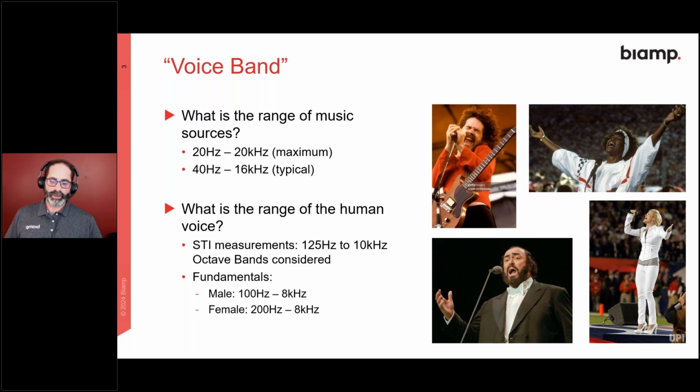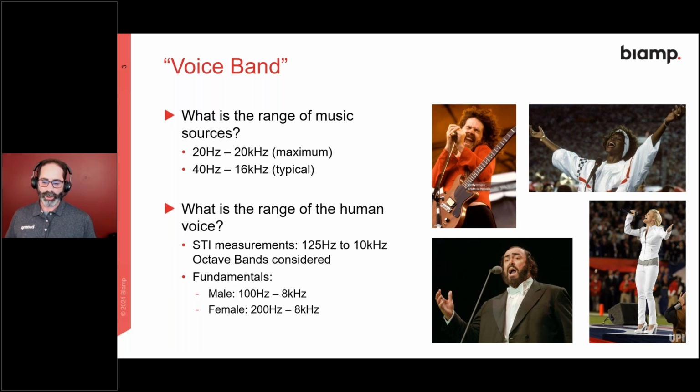One is STI measurements. When we measure intelligibility objectively, there are one-octave measures evaluated from 125 hertz all the way to 10,000 hertz. Not everyone's aware of that. The actual fundamental tones that we produce as speakers or singers range, I try to pick a few singers who represent the range, maybe down to 100 hertz for a true deep bass male vocalist.